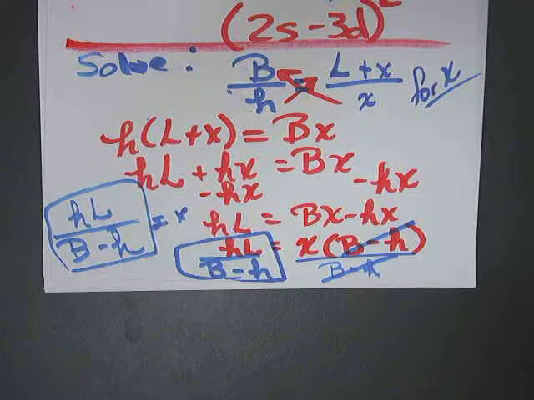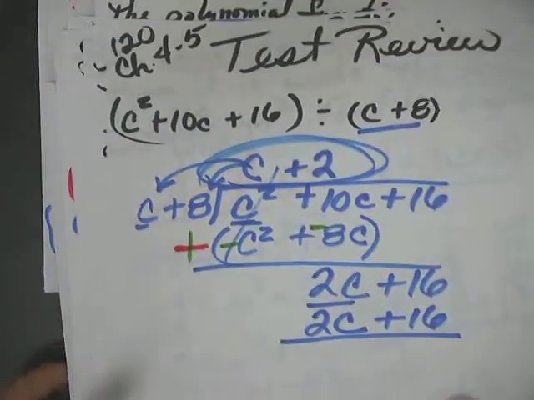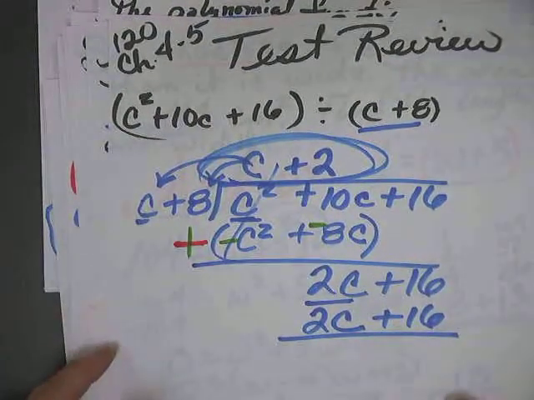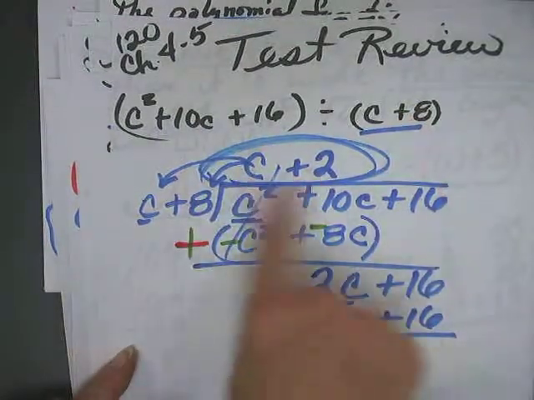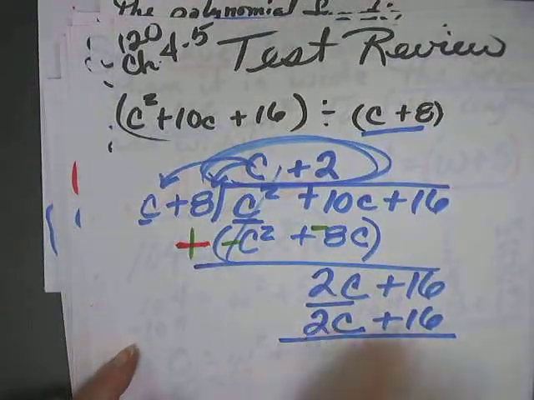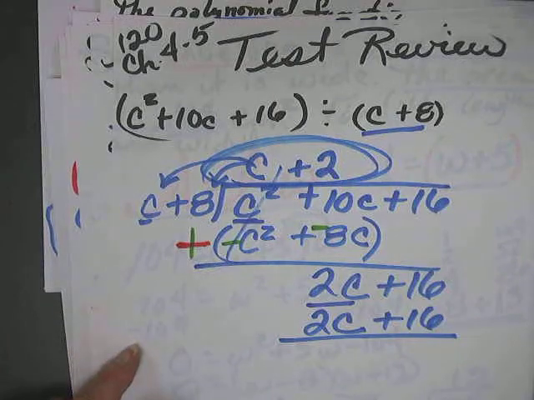Put the X out here. It has an X in common. If you factor the X out, then the first term is B, second term is H. So the only step left is to get the X by itself, so divide by what you multiplied by here, this part, so it can cancel.